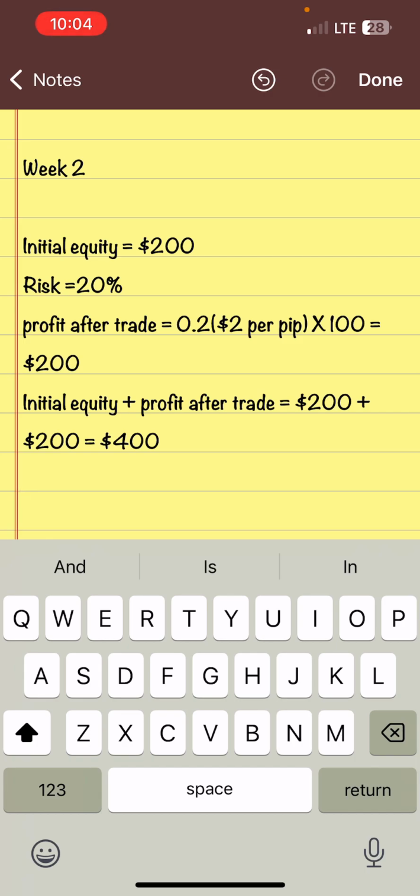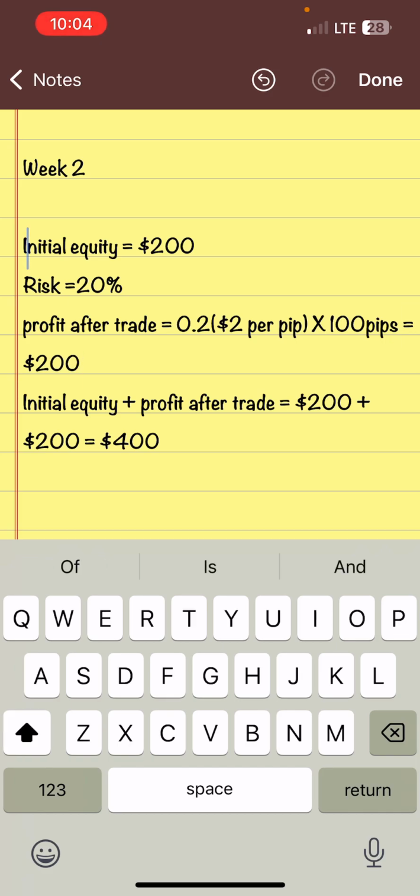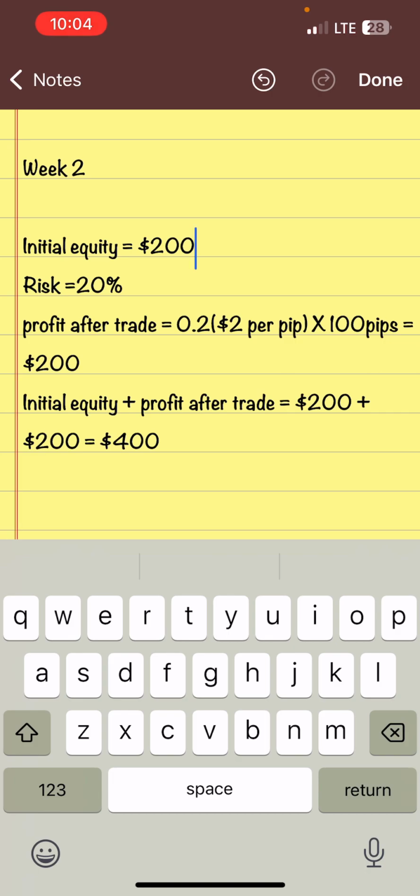All right, profit after trade at 0.2, right? $2 per pip, 100 pips, even $200, meaning that your initial equity and your profit after trade is $400. So week 2 gives you $400, right?